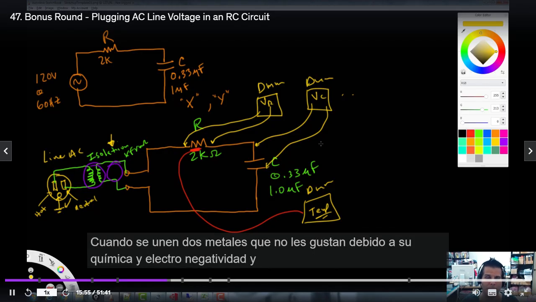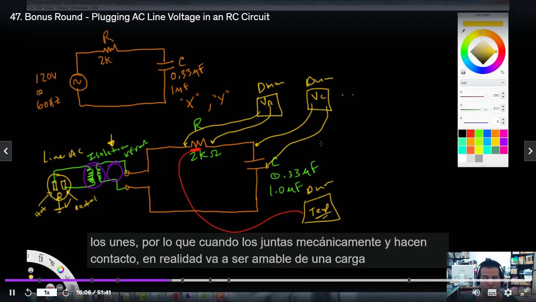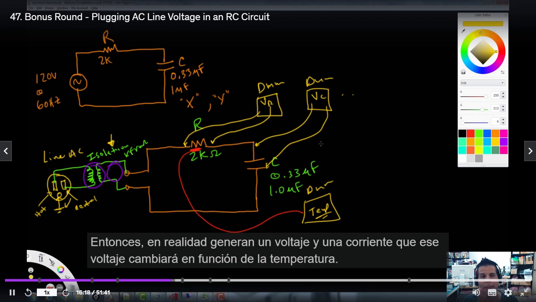When you put 2 dissimilar metals together, because of their chemistry, electronegativity and various physical factors, there's a voltage potential difference between the 2 metals. When they make contact, a net charge is moved around, and you end up with a voltage. So they actually generate a voltage, and that voltage will change as a function of temperature.